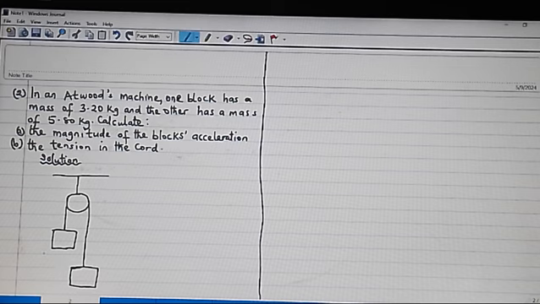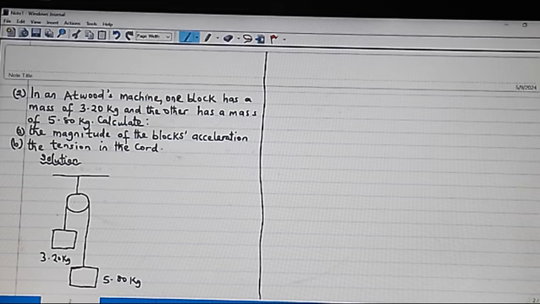So this is 3.20 kg and the other is 5.80 kg. Of course, we have seen that one is greater than the other.